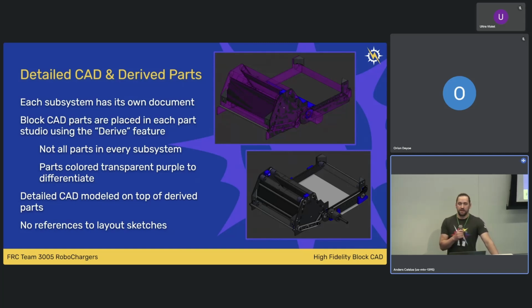Each part studio where we're modeling parts in that document is getting pieces of the block CAD derived into that part studio, and then we're modeling on top of that. So we're not bringing any layout sketches into any of our subsystems at any point. The only thing that the subsystems reference is the block CAD. We'll go into some reasons why shortly.